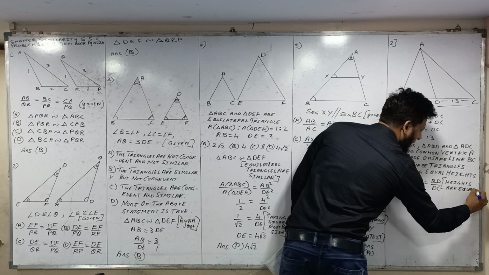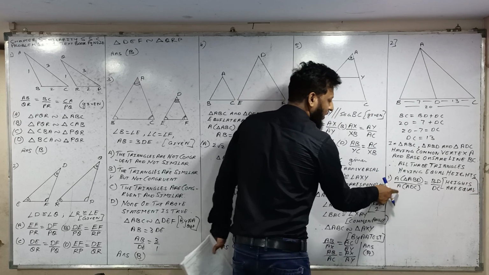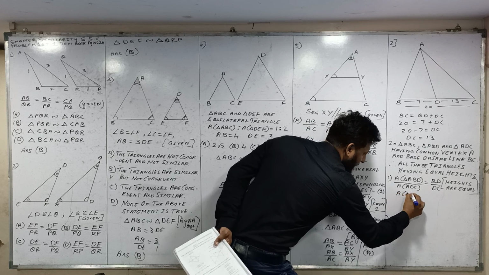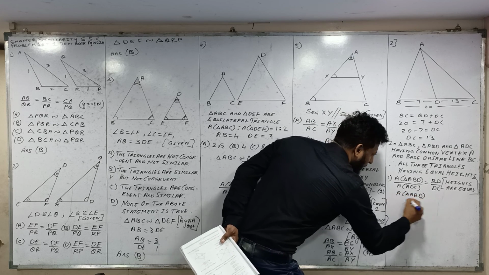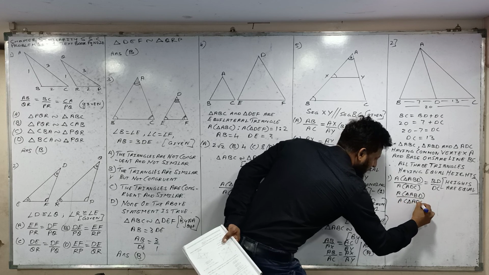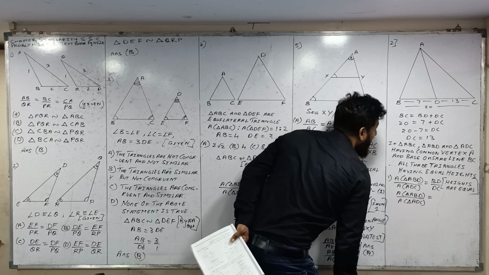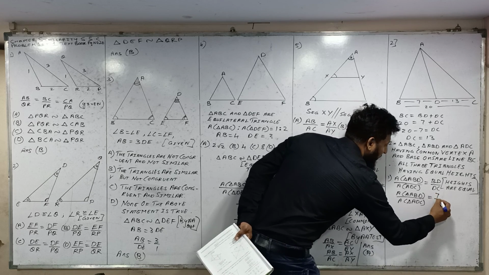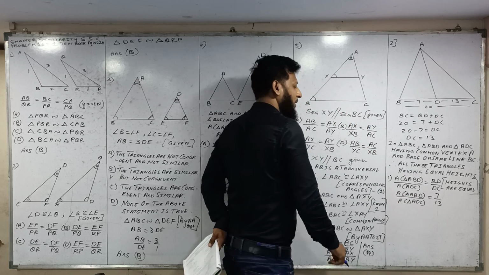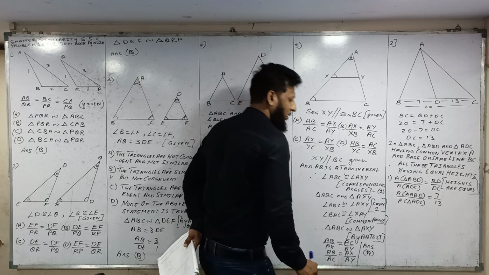Heights are equal, therefore areas are proportional to their bases. So the area of triangle ABD upon the area of triangle ADC is equal to BD, which is 7, upon DC, which is 30. So the proportion of ABD upon ADC is 7 upon 30.